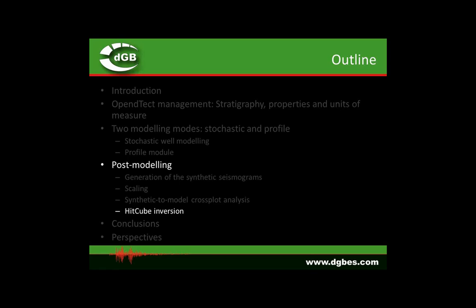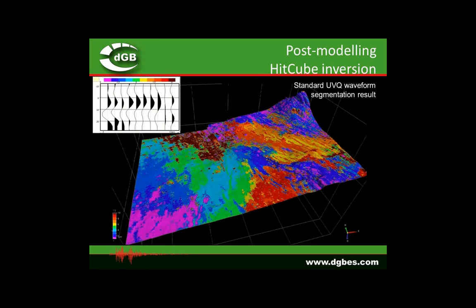Finally, I'll present you the last post-modeling tool, and that is the heat-cube inversion, which is an inversion tool we have developed for 7 years now. What does it do in a nutshell? Well, you see on this slide a standard UVQ waveform segmentation result.